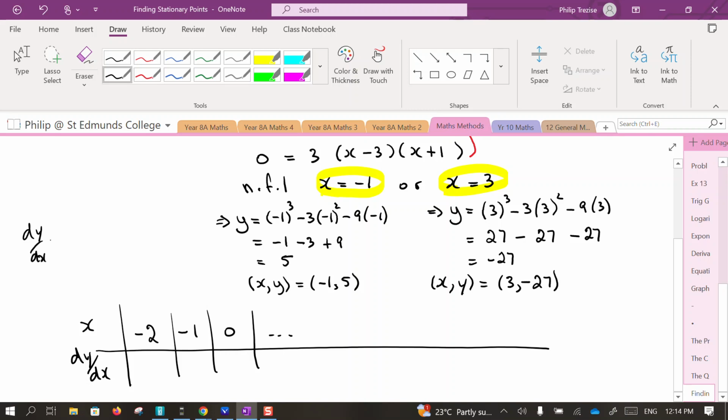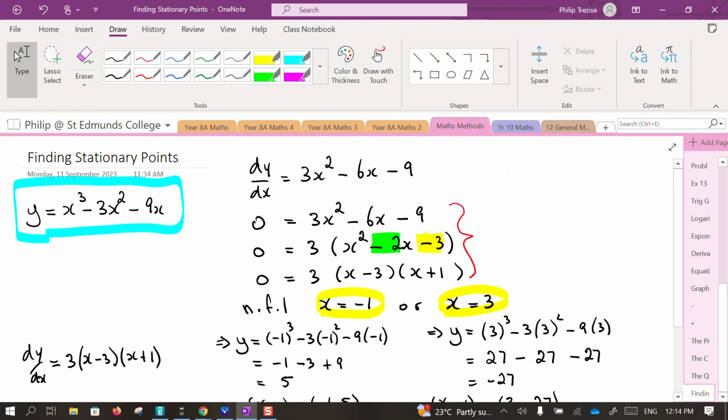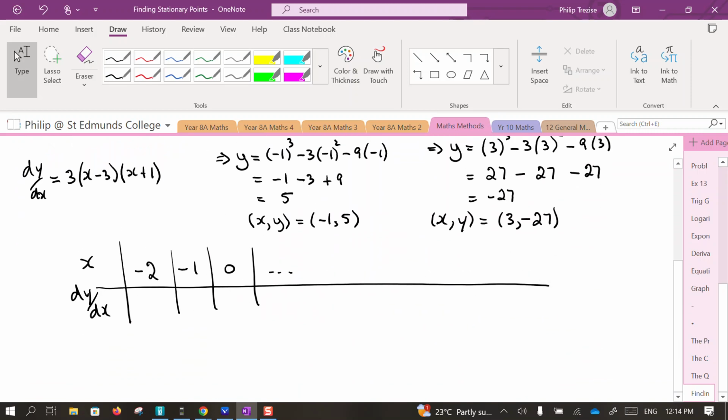dy/dx is 3 times x take 3 times x plus 1. Now, if I substitute numbers into that formula, it's just the same as substituting into the quadratic at the top there. Just numbers are a bit smaller, so my life is a bit easier.